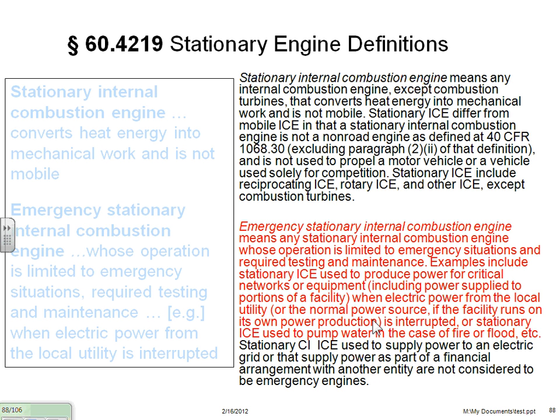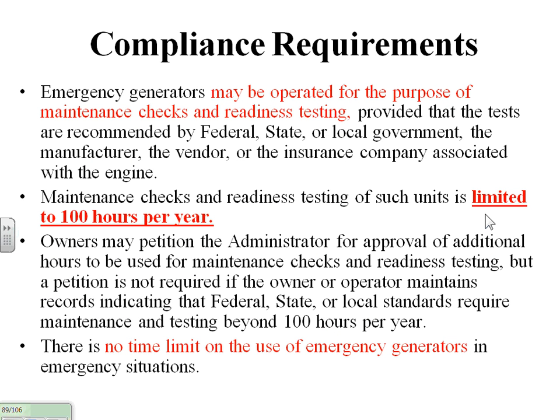This one, emergency, here's their definition. I told you they redefined it, in red here. If you want to read that, you can. But basically it says anything that operates when the normal power fails. So that's the definition. It may be operated for the purpose of maintenance checks and testing. It's limited to 100 hours a year for the testing part. That's the exerciser that we do, automatic exercising of the equipment.